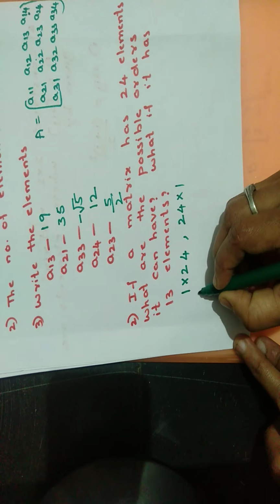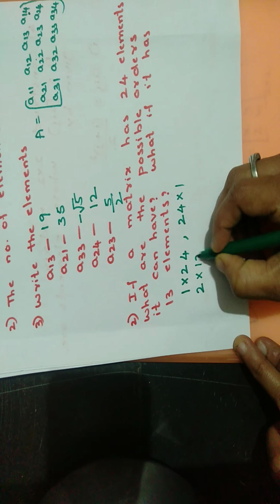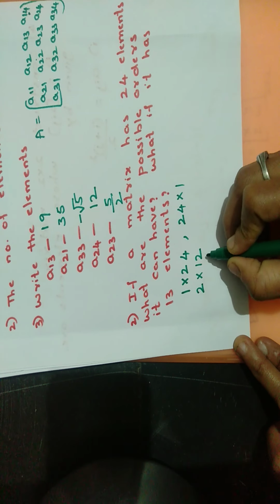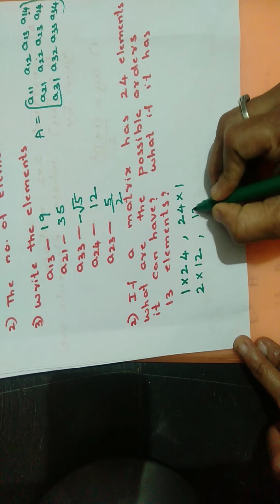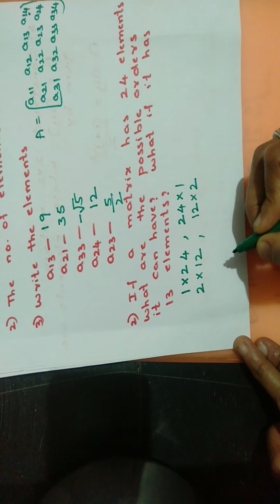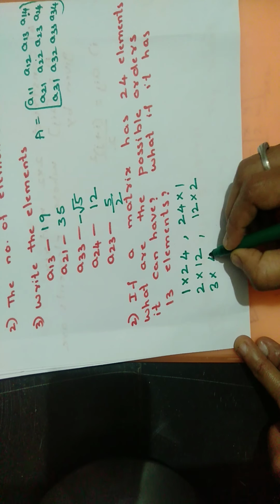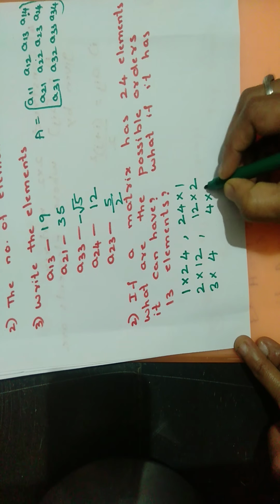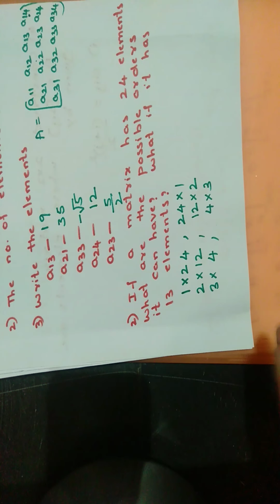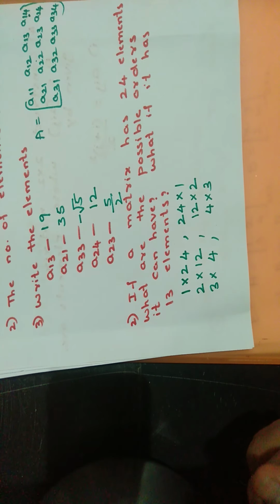Next, 2 into 12. It consists of 2 rows and 12 columns, and this is 12 rows and 2 columns. Next, 3 into 4, and 4 into 3. Next, 5: in the 5 table there is no 24.